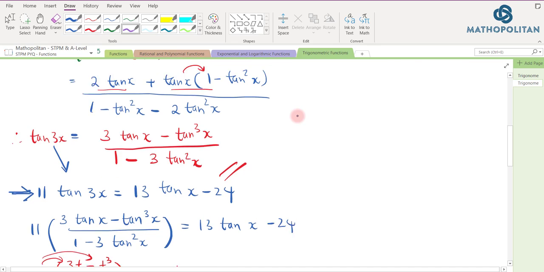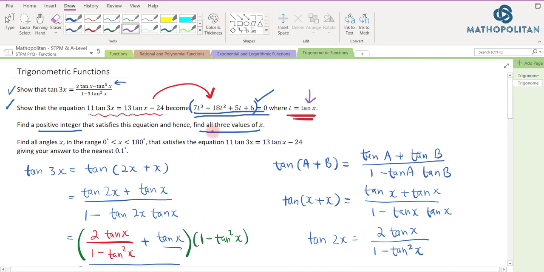And for this value of x, it must be in the range of 0 to 180 degrees, such that it satisfies this equation, giving the answer nearest to 0.1 degree. So we have to round it to 1 decimal place at the last point. So it has to be between 0 to 180.